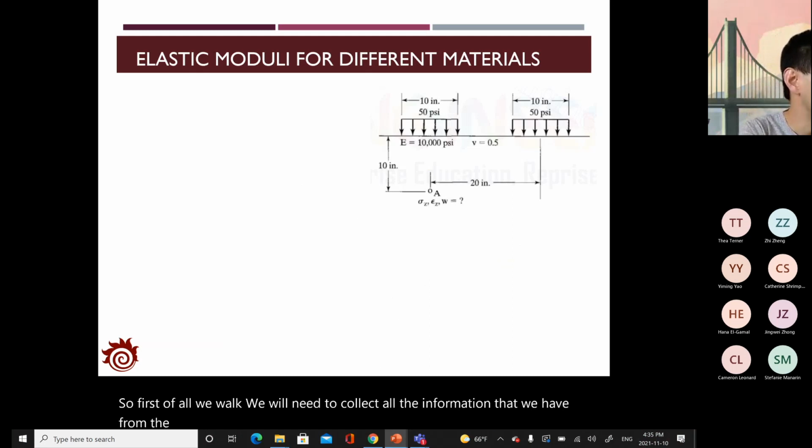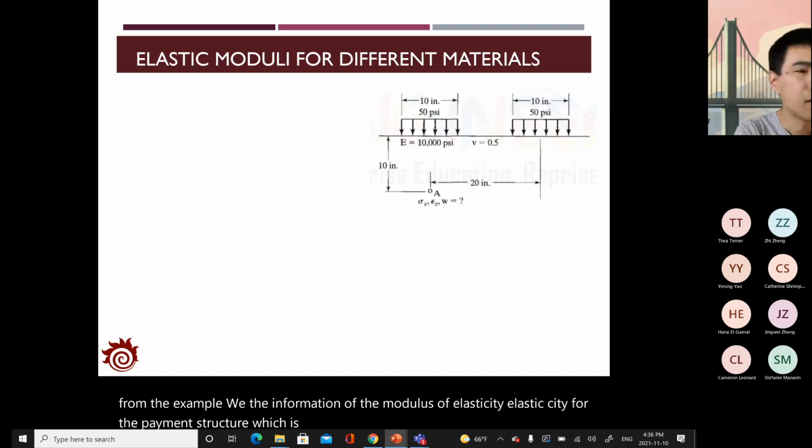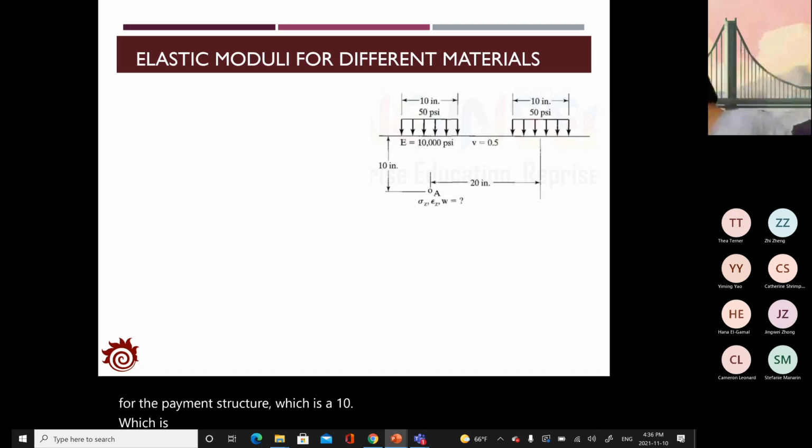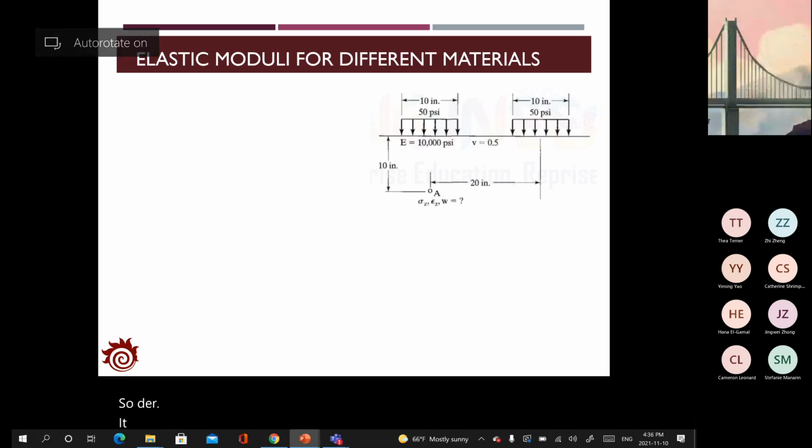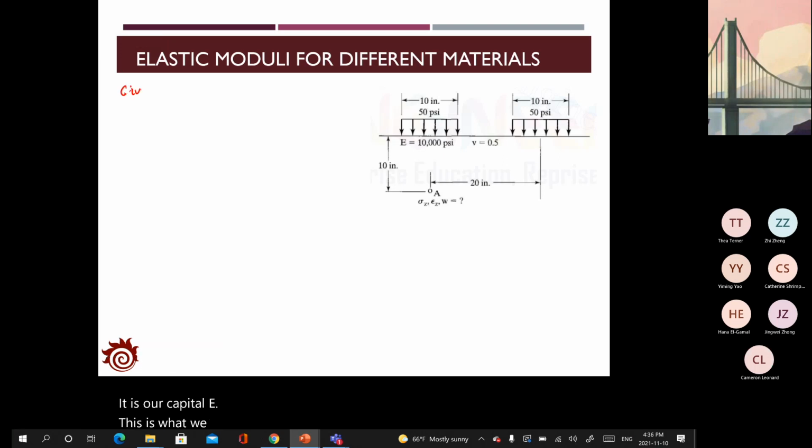We know the modulus of elasticity for the pavement structure, that is capital E, equal to 10,000 psi, and we have the Poisson's ratio v equal to 0.5.